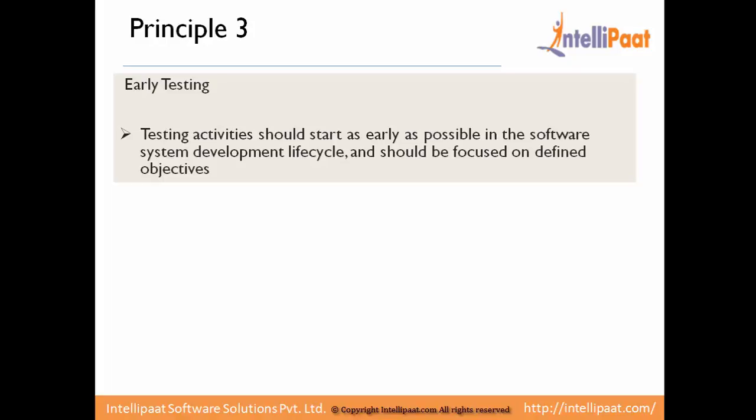Otherwise, you will lose focus and start testing something else which might not even be a priority item. That is why starting testing in the early phase is required and focusing it on a particular objective is very much required.